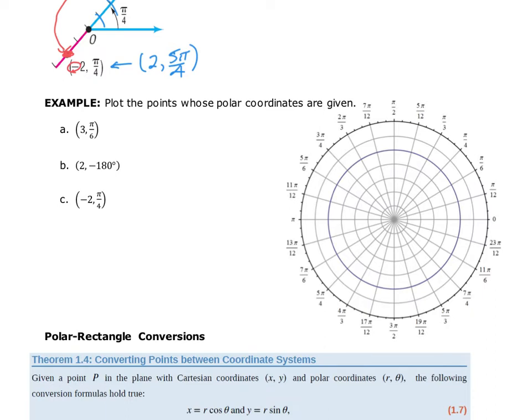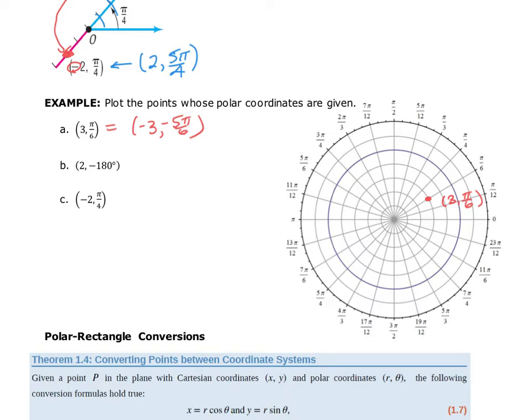So this is the point A. Now I could have gotten there with a negative rotation: I could have rotated negative 5π/6, which would have gotten me over here, and then done a negative 3. That would have done a reflection over the pole. So these are equivalent in the fact that we start and end in the same place.